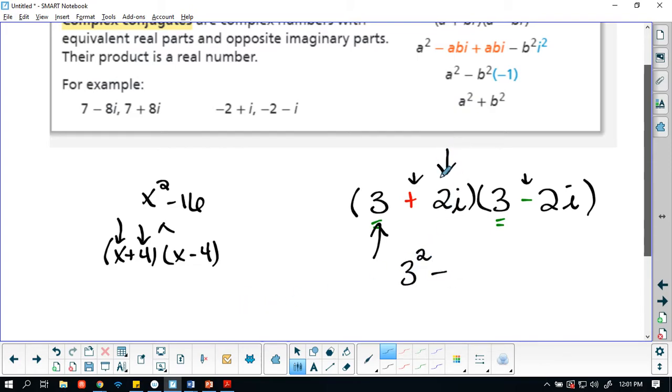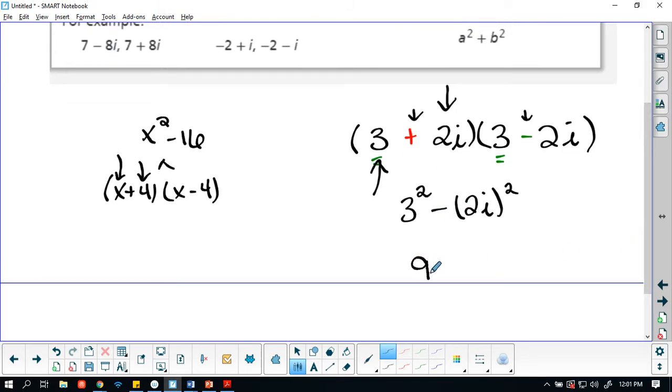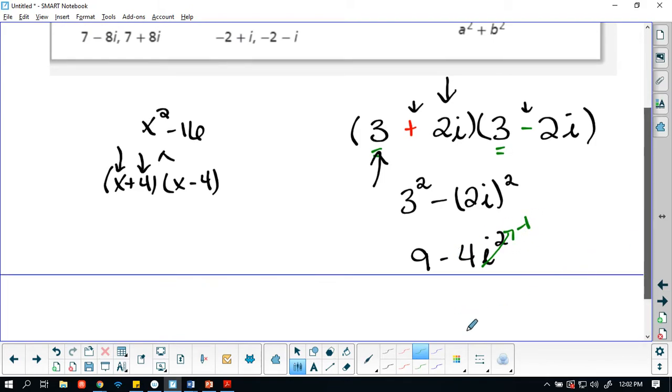Now we have the second term. We're always going to subtract it because a positive times a negative will always be a negative. But I'm going to square this guy, 2i squared. And what I get is 9 minus 4i squared. Now we talked about what i squared was. i squared is going to be negative 1. Negative 1 times negative will give us a positive. So this is 9 plus 1 equals 10.